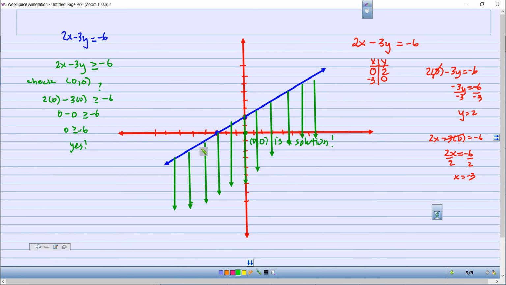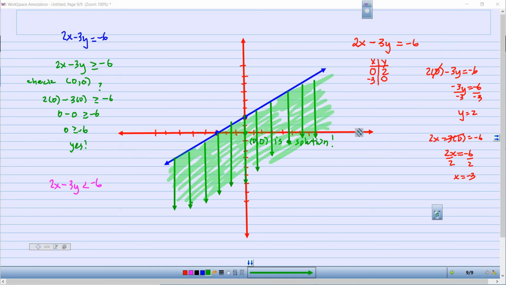So I would then shade everywhere down here. Okay? Which of course means then if I have 2x minus 3y is less than negative 6.